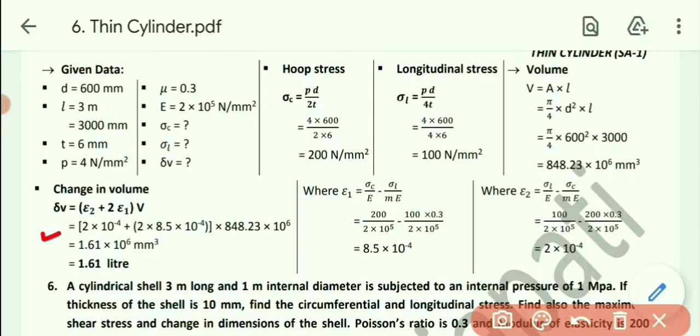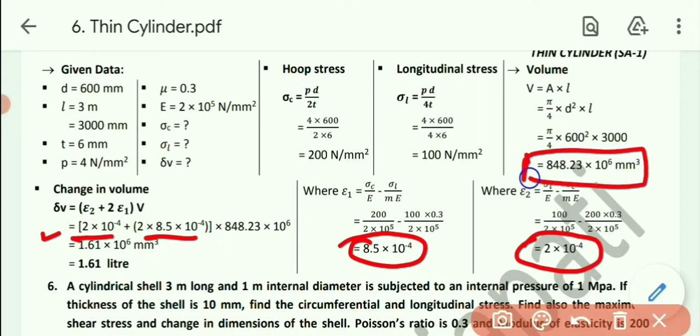So first of all, the value of epsilon 2 is 2 into 10 raised to minus 4, plus 2 times epsilon 1, that is 2 times 8.5 into 10 raised to minus 4, and the whole multiplied by volume, that is 848.23 into 10 raised to 6. Now by simplifying this term, we will get the answer 1.61 into 10 raised to 6 mm cube.